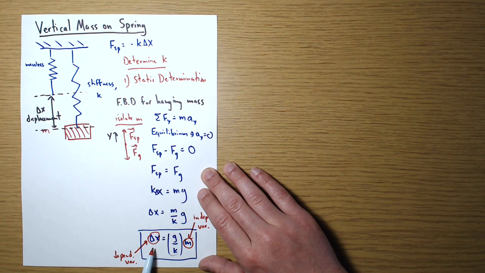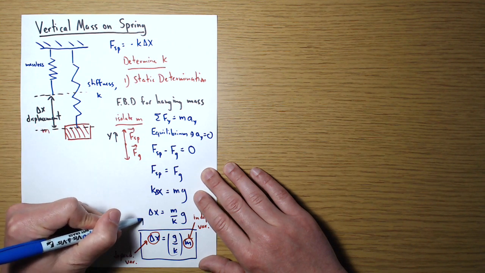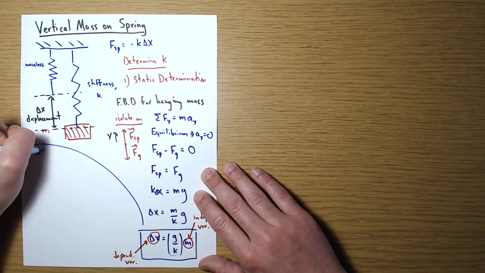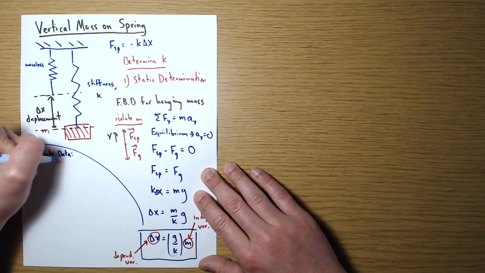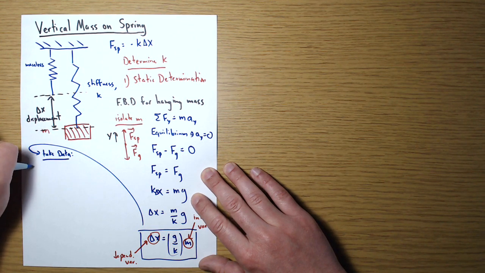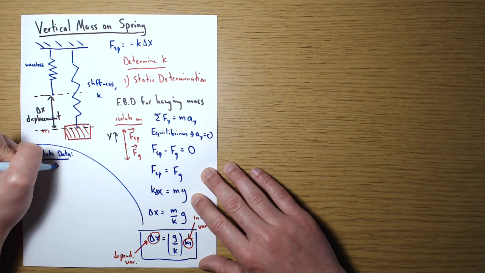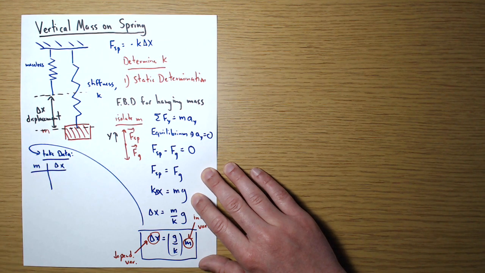So if I collect a series of data points, if I take some data, the data I can take is, for various m's, I measure the resulting delta x.